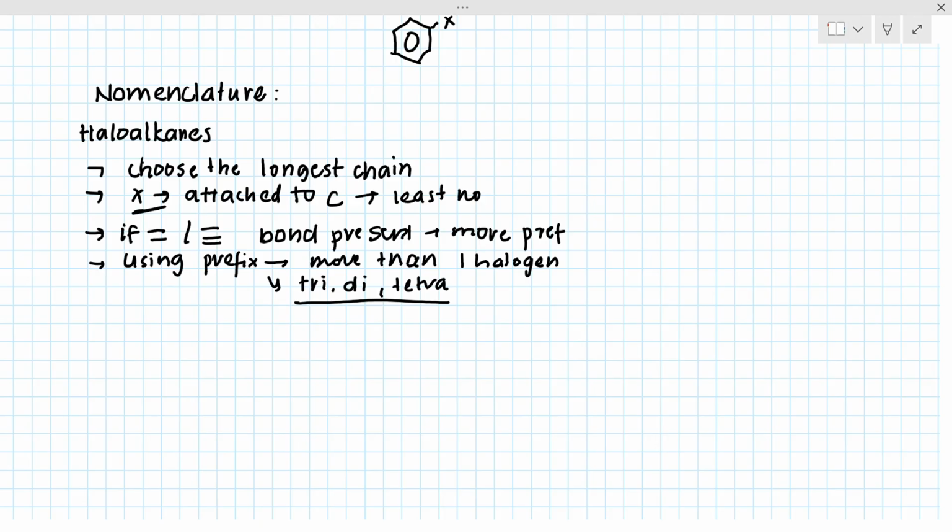And name it on the basis of the bond. If there is a bond present, name the bond as well, like haloalkane, haloalkene, or haloarene. Sorry, haloalkyne. So you're supposed to name it if there is any bond present.